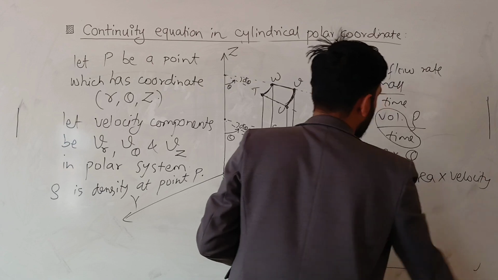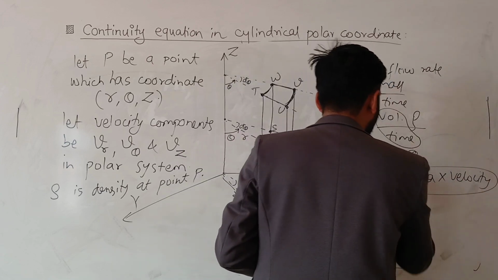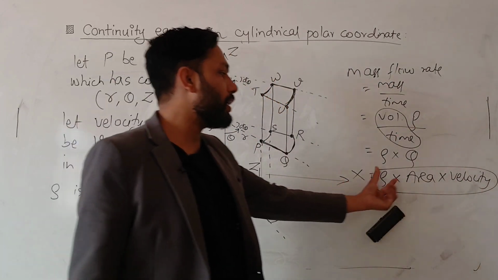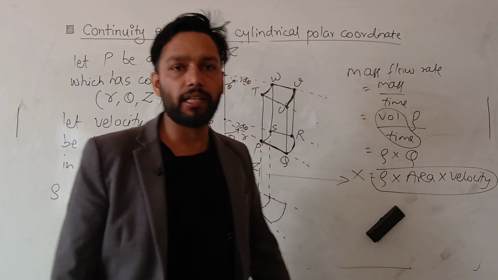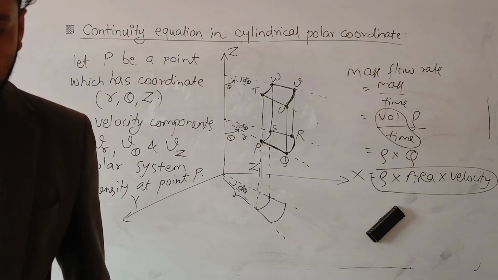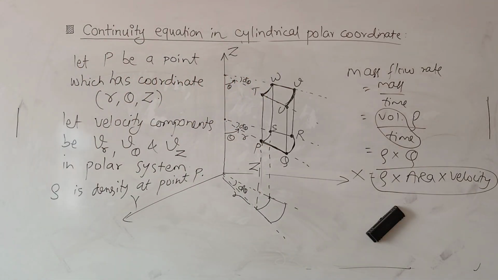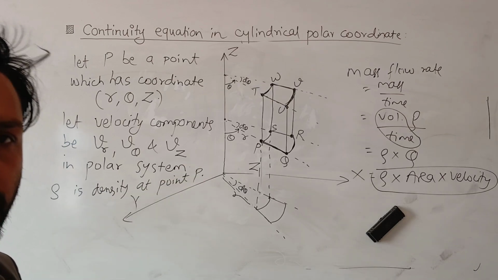I have done this in my previous video also. So rho into area into velocity is the expression for mass flow rate. So we have to find the mass flow rate entering and leaving this parallelepiped.